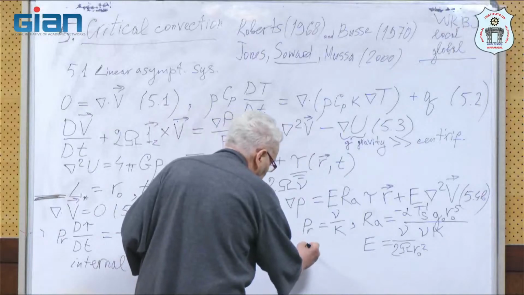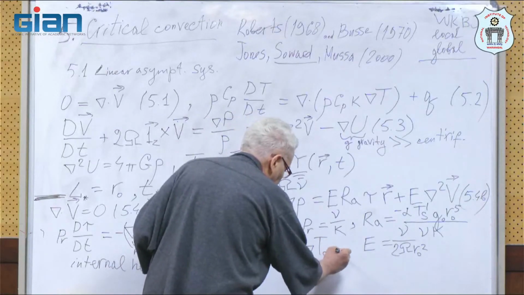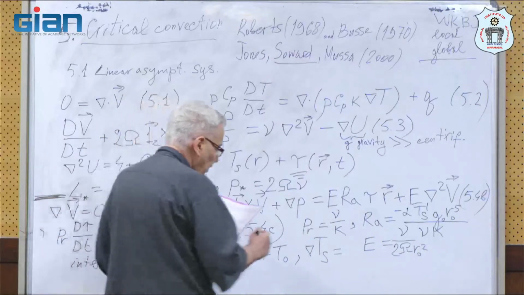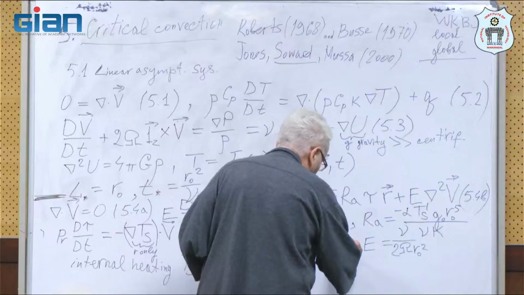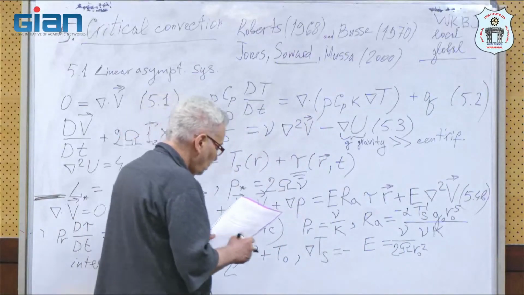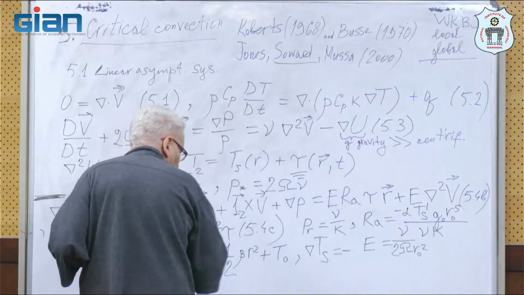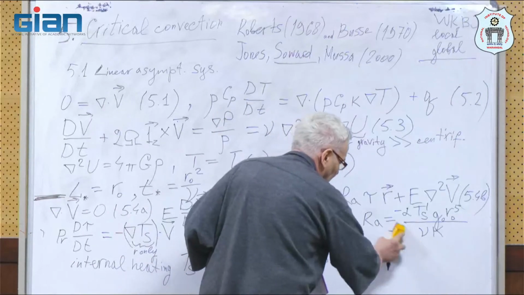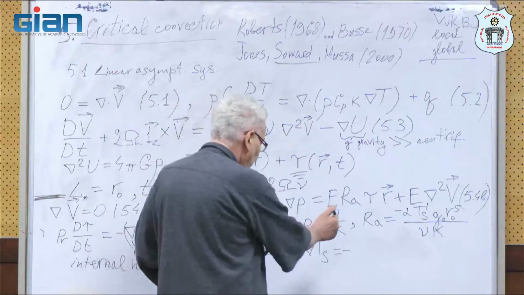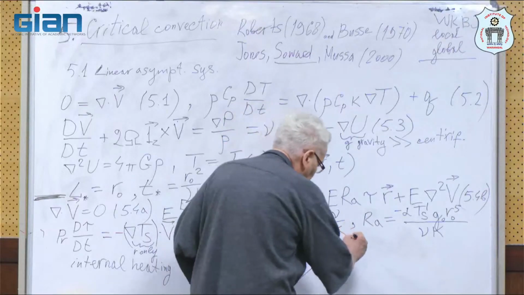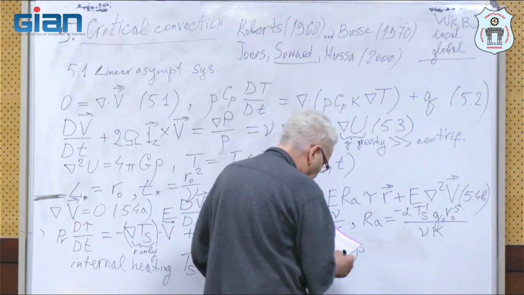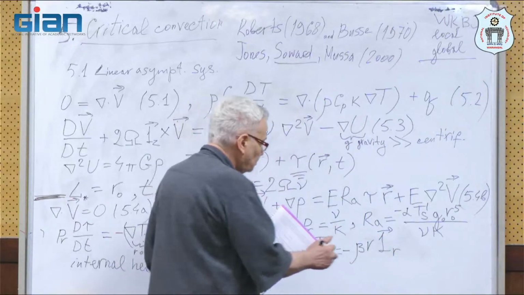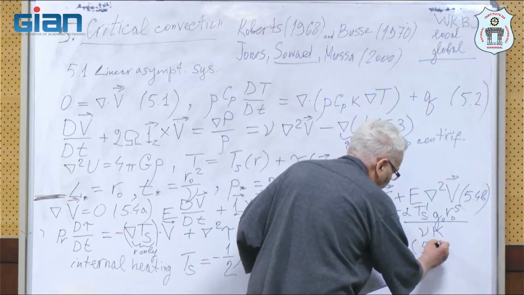And the gradient, because the gradient enters here, is equal, as you easily could see, to minus beta r and the unit vector in the radial direction. I removed the Ekman number because you know it, just to give space for that. It constitutes formula 5A.